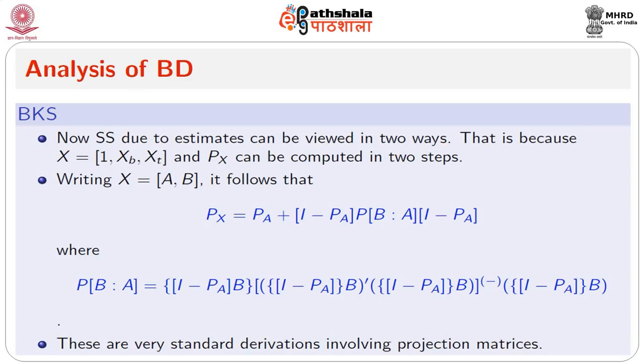So there are two ways of looking at the computation of Px. Either you start with A followed by B, or you start with B followed by A, and it depends on whether A is combining 1 with Xb, or A is combining 1 with Xt. Depending on that, we have the expression for the sum of squares. Yes, sir. These are very standard derivations involving projection matrices.